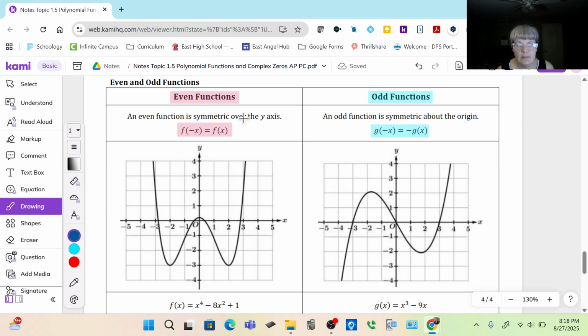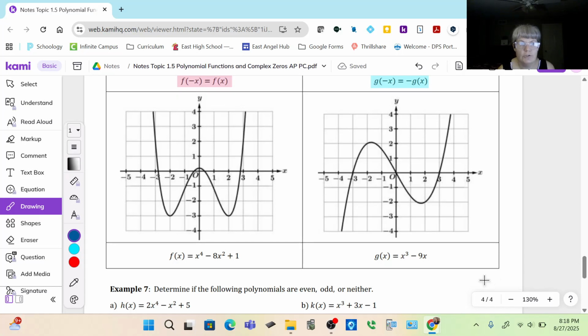So this function notation might be a little difficult to understand. So what I'm going to do is I'm going to write on my graph here what this means in terms of my function. If I have opposite inputs, so you notice I have a negative x and a positive x, those are opposites.